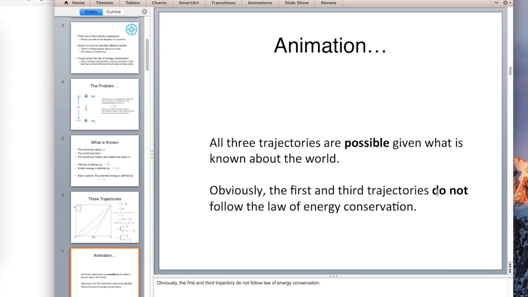So what I want to emphasize here is, given all the physics we know about this world, all 3 trajectories are possible. There's no reason to favor one trajectory over the other. And obviously, the first and the third trajectories do not follow the law of energy conservation.